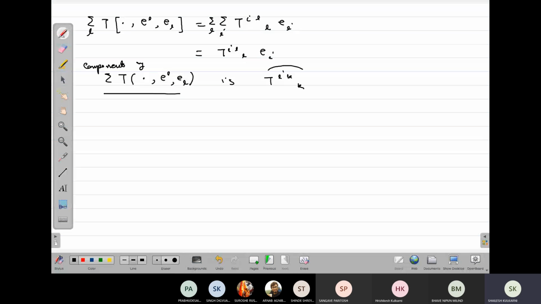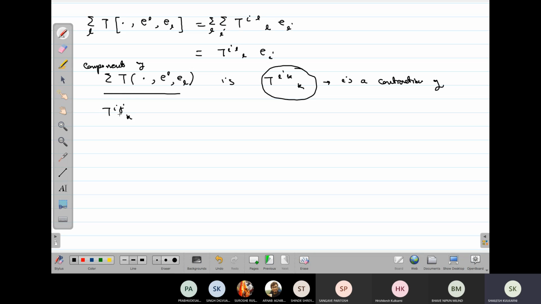So this is the component of this. There is only one free index. This is summed over. So this is a contraction of T^{ij}_k. Instead of writing T, I can talk about the contraction of it.